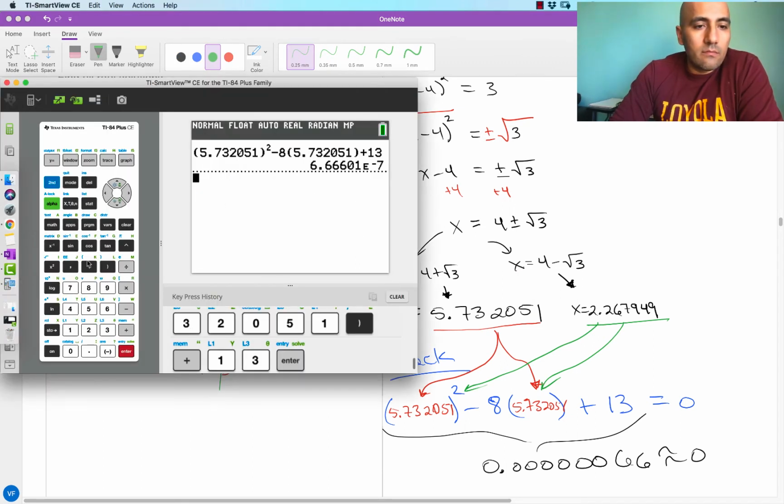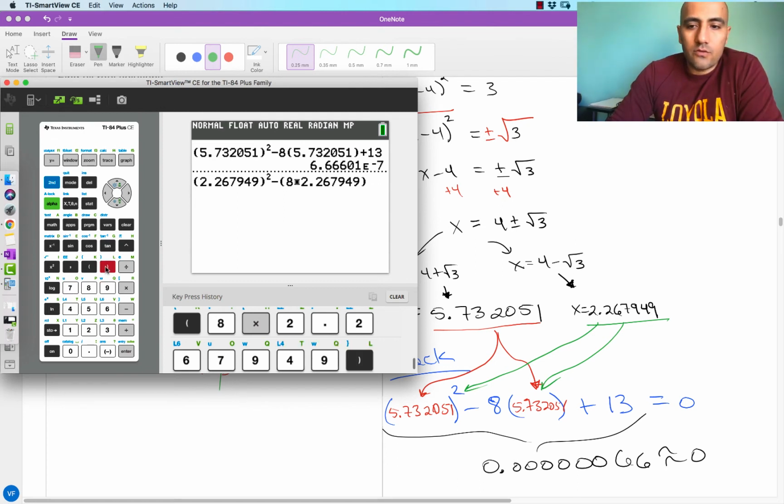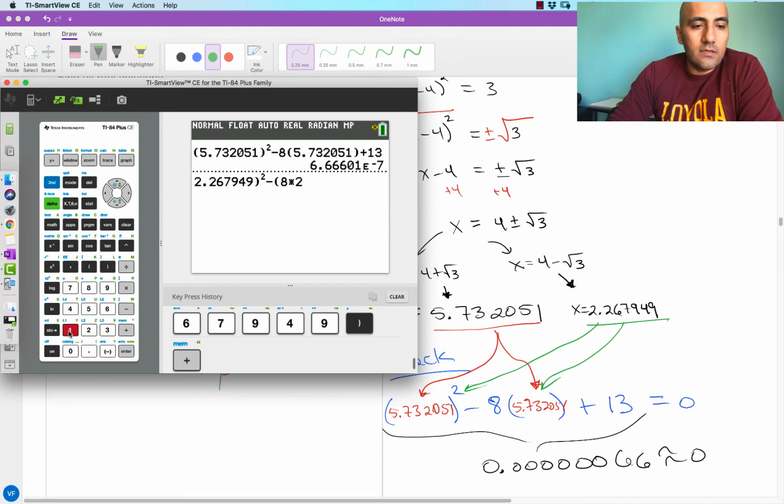So parentheses 2.26794 close parentheses to the power of 2 minus 8 times 2.26794 close parentheses plus 13.